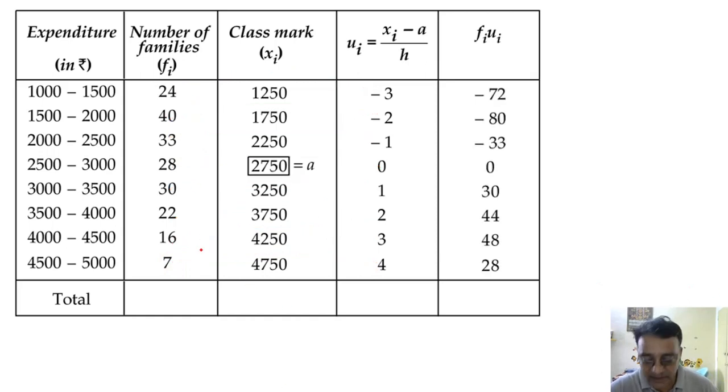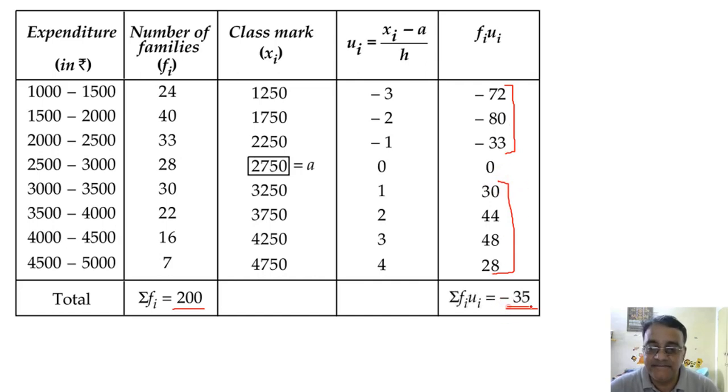Now the total frequency is already given in the question, it is 200. Now we will add these 3 and these 4, then we will subtract. Okay, so we'll get -35.